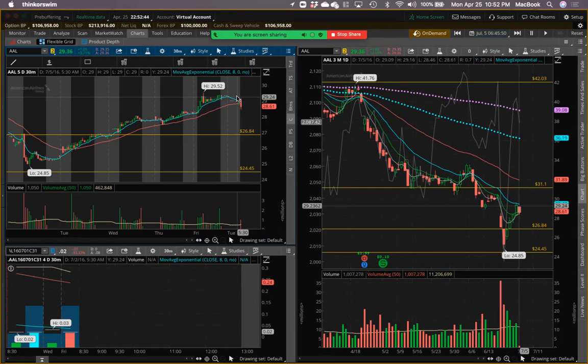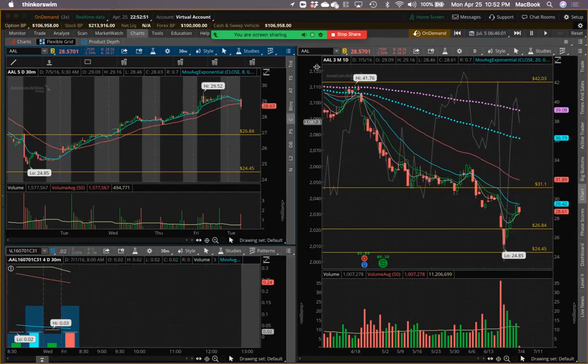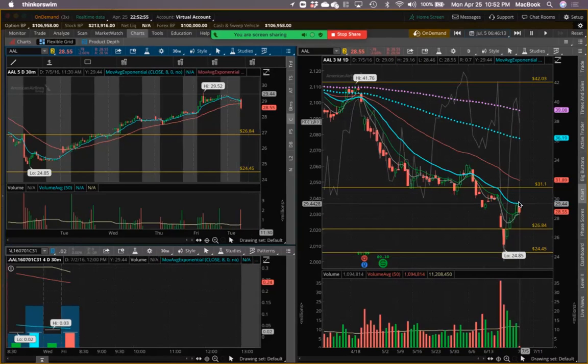So we're going to go 6:45 the next day, and here's our action. I'm not looking at any options at this point in time. I'm just looking at the chart and what it's doing. We can see 2 things. One, it looks like the 20 did act as an area of resistance for us. On the macro, but not weekly macro view, we hit the 20, so we can be heading down.